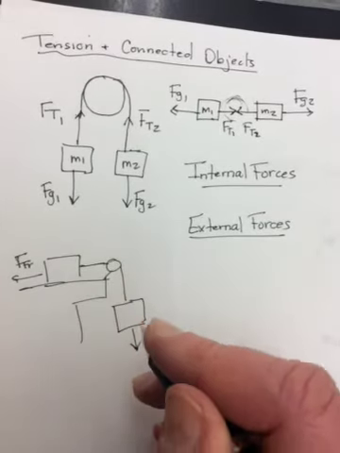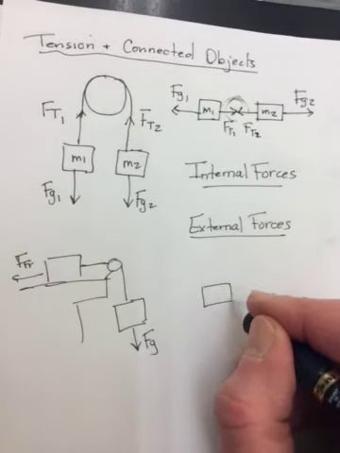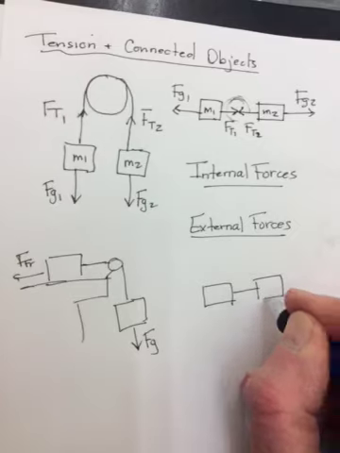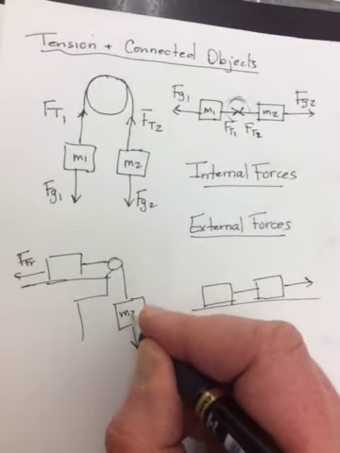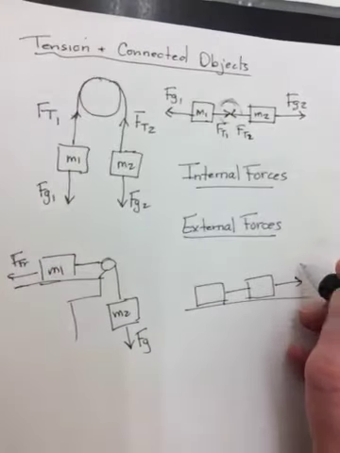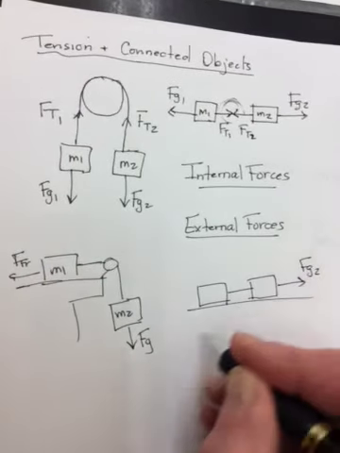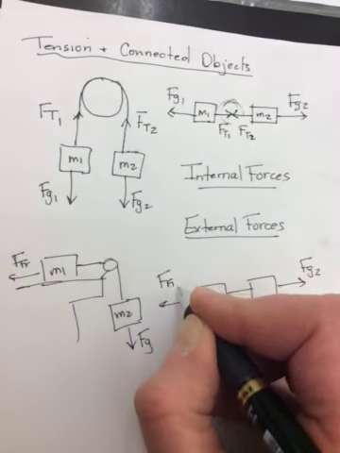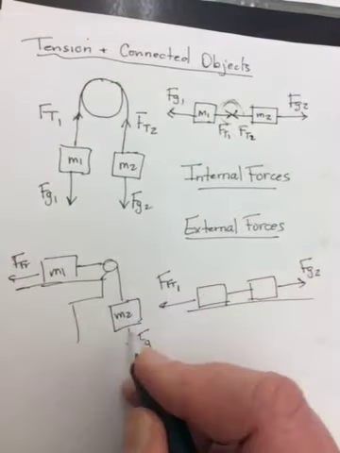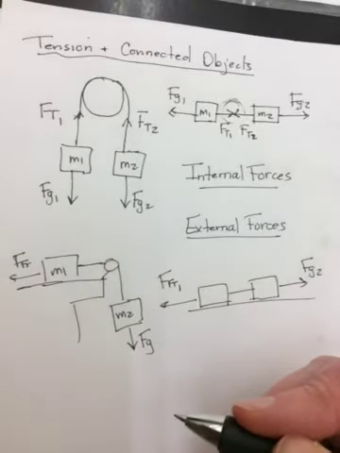So if we were to draw this second picture in a straight line, if this is 2 and this is 1, then Fg2 would be pulling this way, and friction would be pulling back on number 1. There's no friction on number 2, it's hanging straight down.